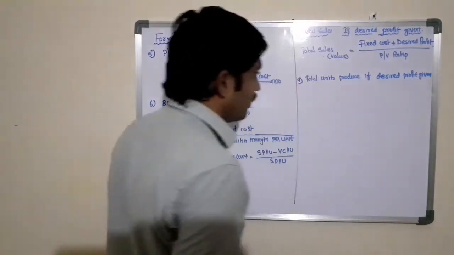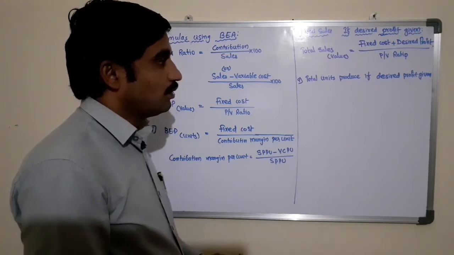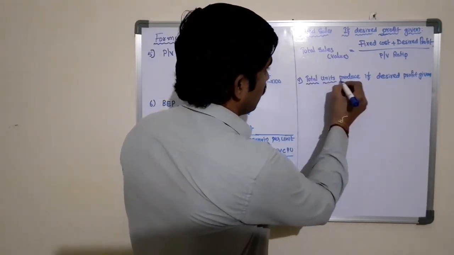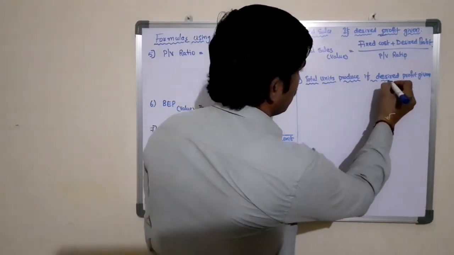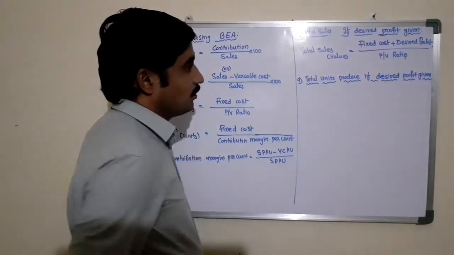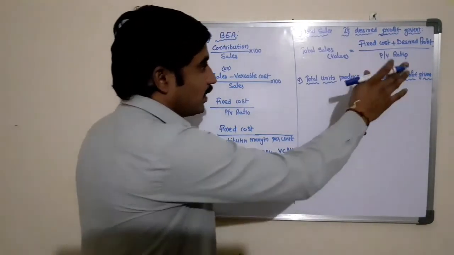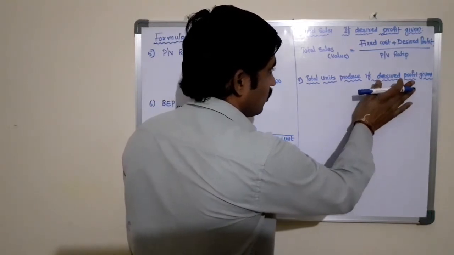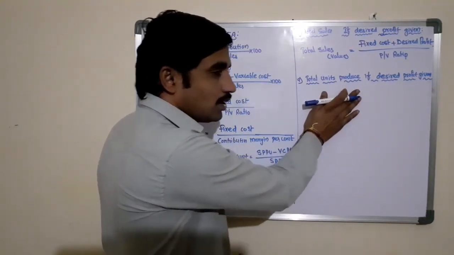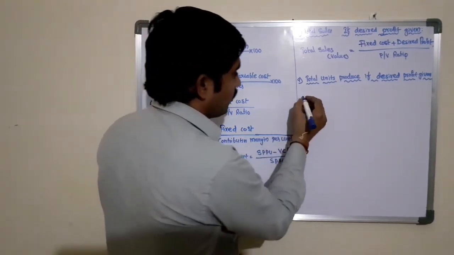Sometimes instead of estimating the total sales to conduct in terms of value, the producer may estimate the total units to produce and sold in the market in order to achieve my expectations, my desired profit. To attain the desired profit, how many units I should produce and sold in the market? For that, we require to apply this formula.